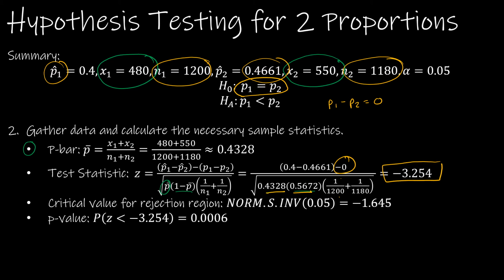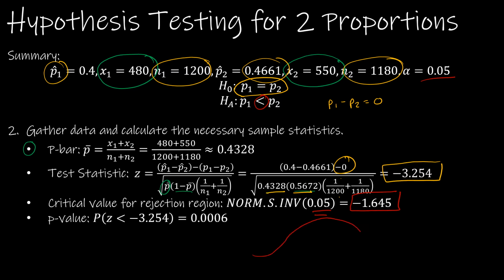So my critical value is based on a left-tailed test, and when alpha is 0.05, that means 0.05 is to the left, and therefore negative 1.645, norm S inverse of alpha. For the p-value, again, for the left side, we're just using norm S dist, and that's going to be of the negative 3.254, which is our z-score, and we end up with a very small p-value of 0.0006.